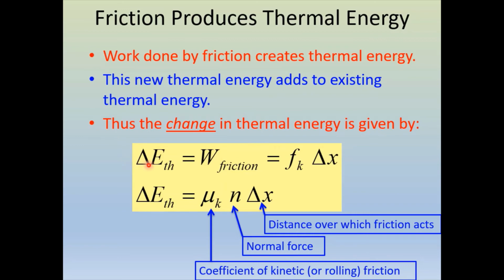So delta E thermal, this is the change in thermal energy, is equal to the work done by friction. So in other words, if friction does 100 joules of work, then that creates 100 joules of thermal energy over here. Okay, so it's just sort of like counting money.